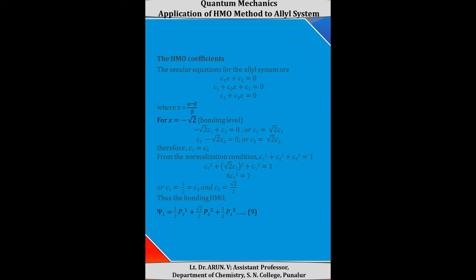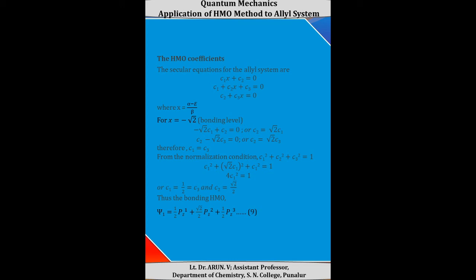From the normalization condition, c1 square plus c2 square plus c3 square is equal to 1. Then write c2 and c3 in terms of c1 and substitute the value of c1 in this equation. We get c1 square is equal to 1/2, or c1 is equal to 1 by 2, which is also equal to c3, and c2 is equal to root 2 by 2.